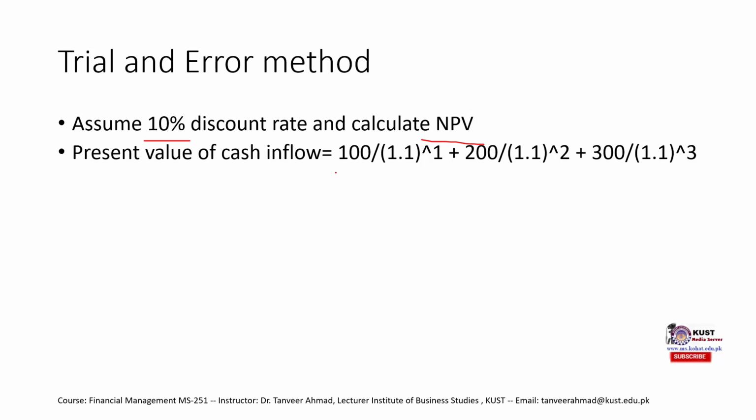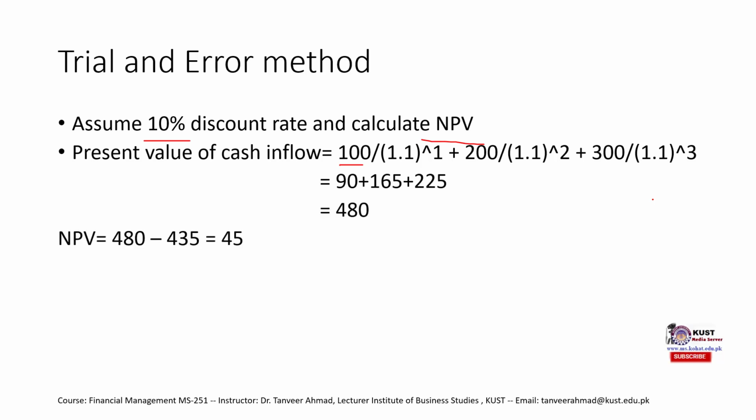The present value of cash inflows will be, our first cash inflow was 100 divided by 1 plus 0.1. The R value we are taking is 10%, that is 0.1, raised to power 1. Then we discount the second cash flow and the third cash flow. These are the present values. 480 is the present value of cash inflow.